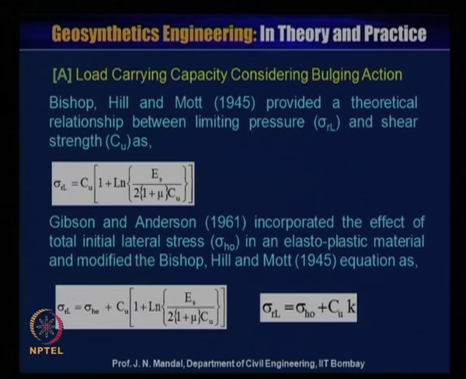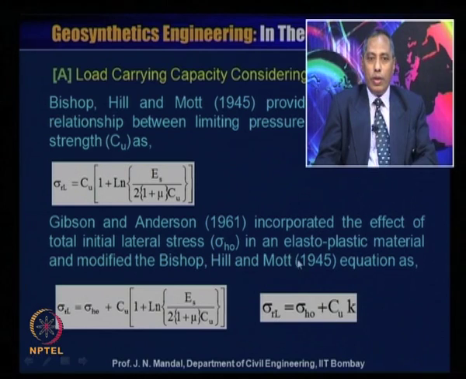Bishop, Hill and Mott 1945 provided a theoretical relationship between the limiting pressure sigma RL and the shear strength Cu. So, sigma RL is equal to Cu into 1 plus ln Es divided by 2 into 1 plus mu into Cu.